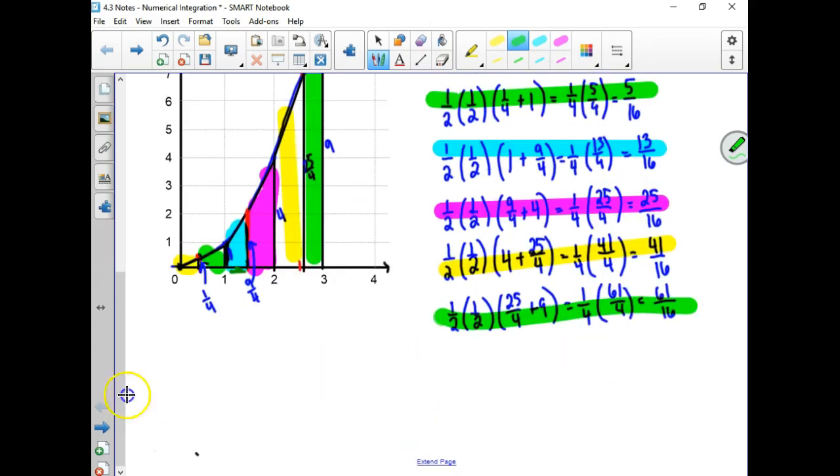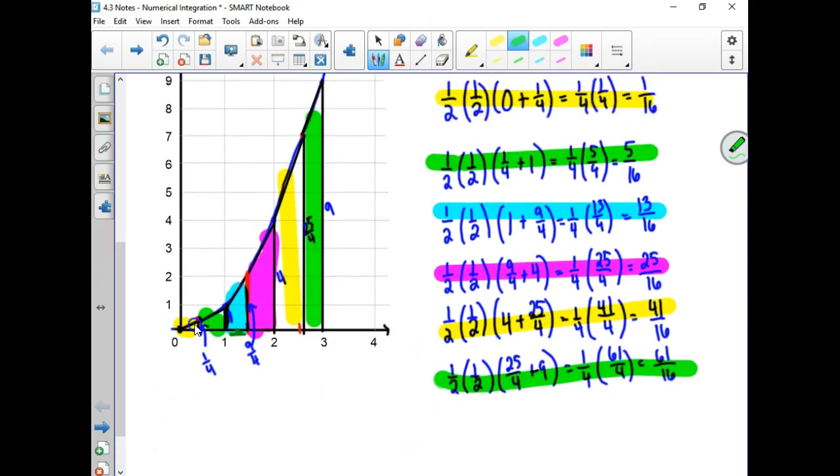To find the combined area for all of these, we want to add these together. So if we add all of these together, we've got 1 plus 5 plus 13. That's going to give us 19. We add 25. That's going to give us 44.